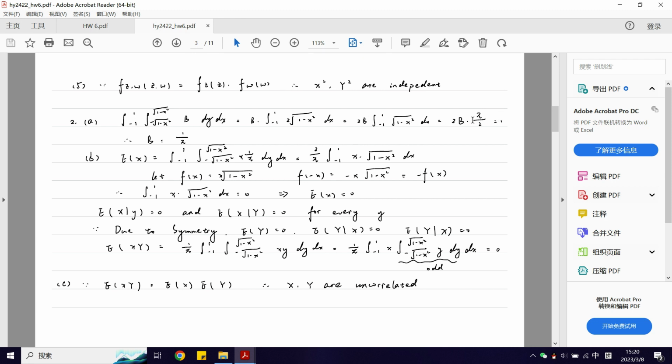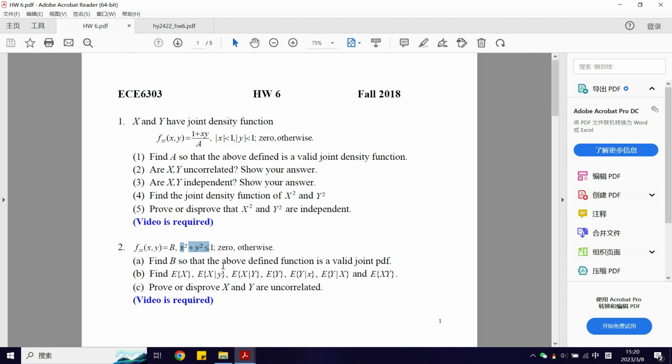So we can take 2 outside the integration and finally do the integration of x. The result of this integration is pi divided by 2.